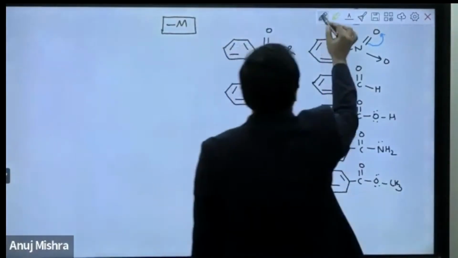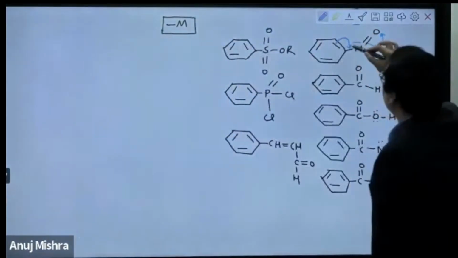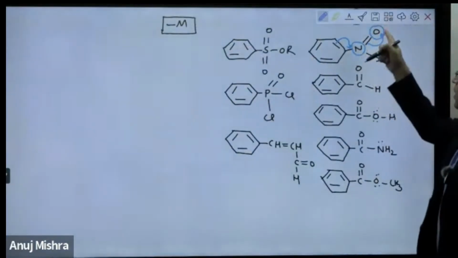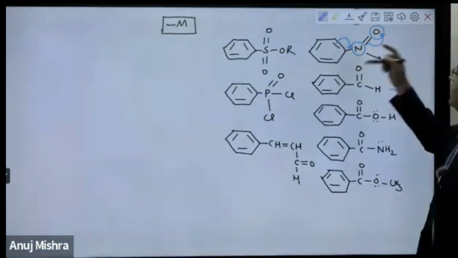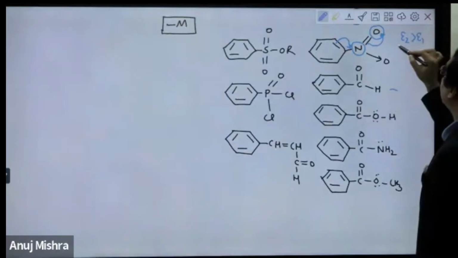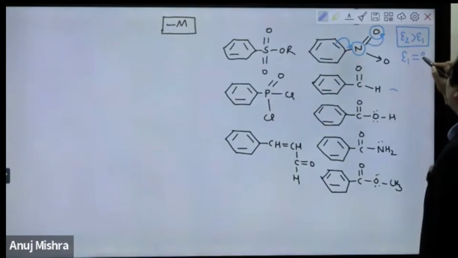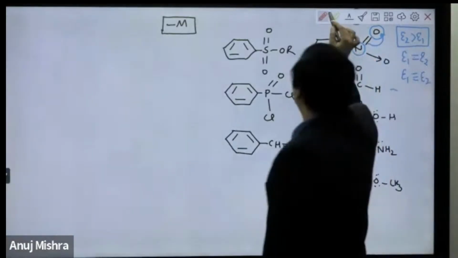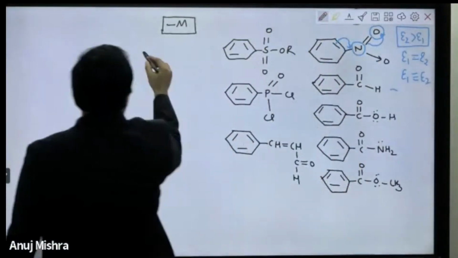So if I say this is our E1, this is our E2, E1, E2 double bond, and E2 is more electronegative than E1. E1, E2 double bond, even triple bond will also work. So I can add some examples as in this.